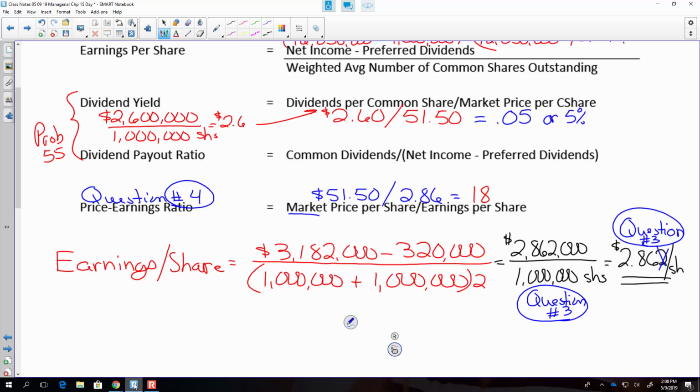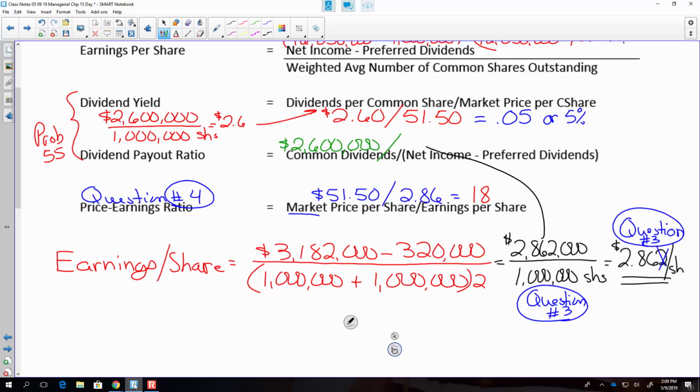Number 3 is compute the dividend payout ratio. So we have our common dividends. Our common dividends were 2 million 600,000. I'm going to switch colors here. We're going to divide by our net income again, minus our preferred, which was our block number here.